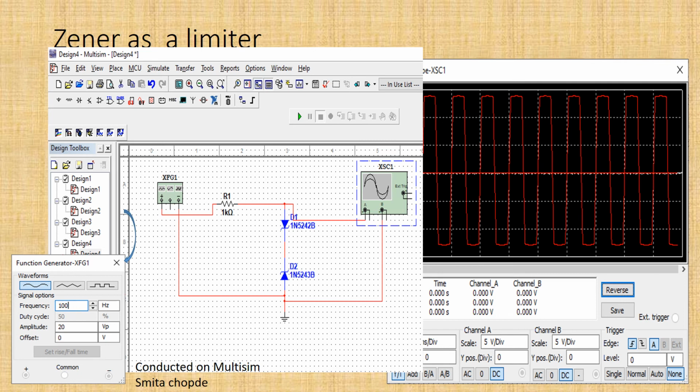The signal I am considering in this problem is a sinusoidal signal having a frequency of 100 hertz and an amplitude of 20 volts peak to peak. Based on this, I am getting a clipped signal which is limited in the positive half cycle as well as in the negative half cycle.